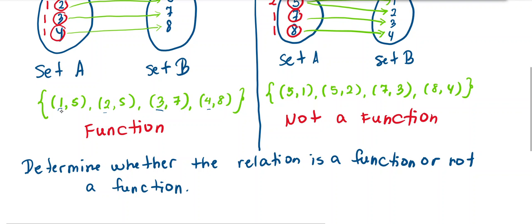Like 1 only shows up one time, 2 only shows up one time, 3 only shows up one time, and 4 only shows up one time. Whereas here we got the 5 that shows up twice. We got 5 here, 5 here. That tells us that 5 corresponds to two elements.